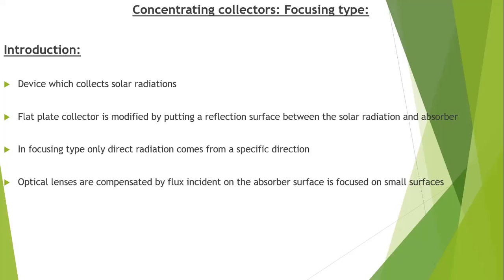All the radiation we get from the sun is made to focus onto a receiver, which collects it and concentrates it into one point.